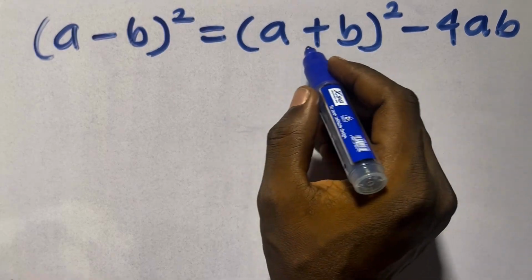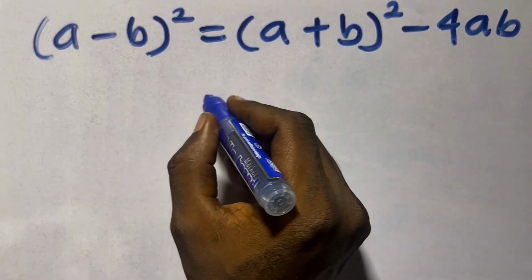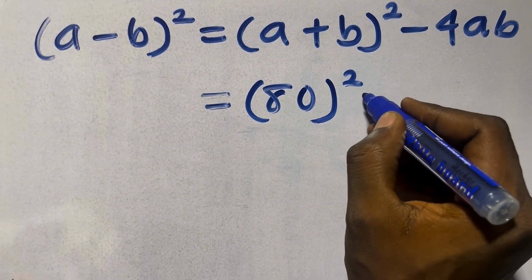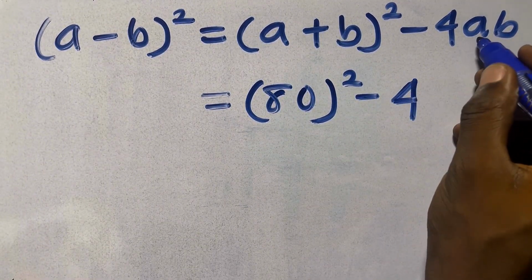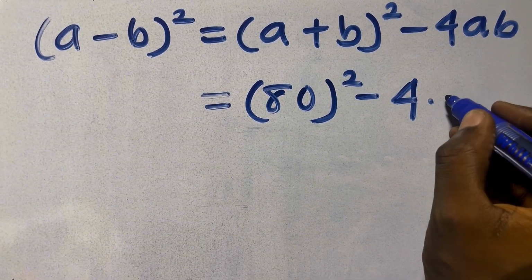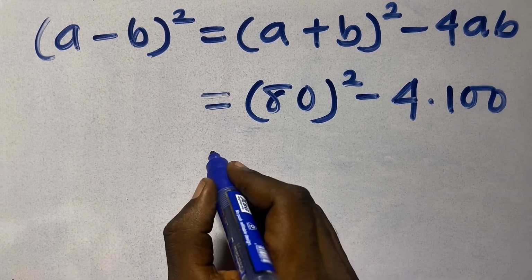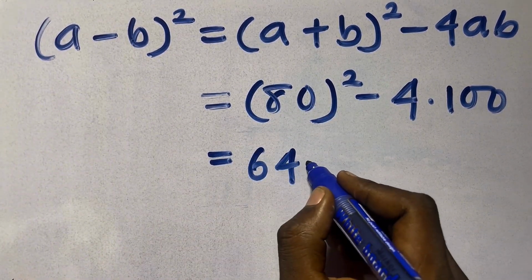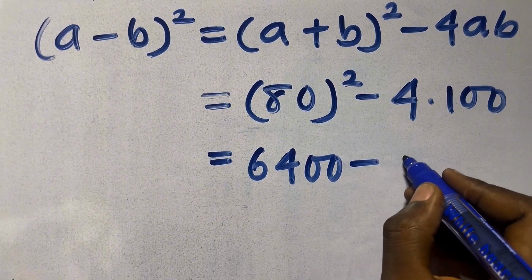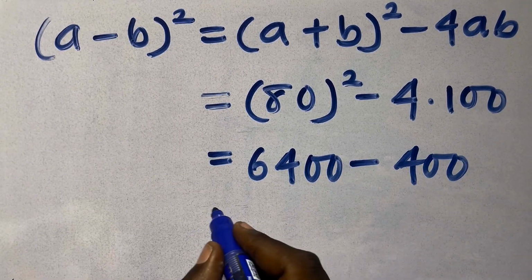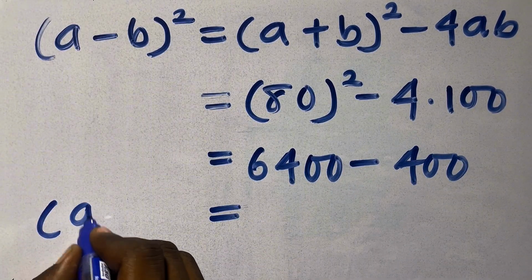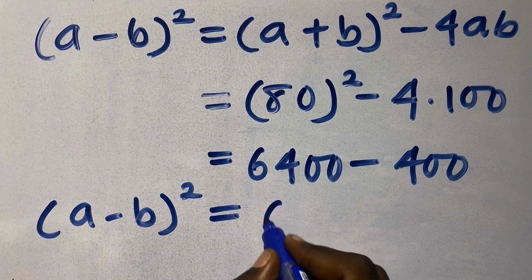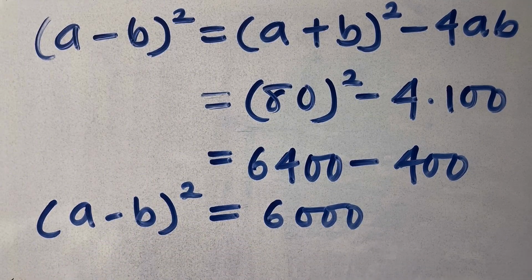Don't forget, we've gotten a plus b to be equal to 80. So we have 80 squared minus 4 times ab, which is 100. 80 squared gives us 6,400 minus 400. Therefore, we have (a minus b) squared equals 6,000.